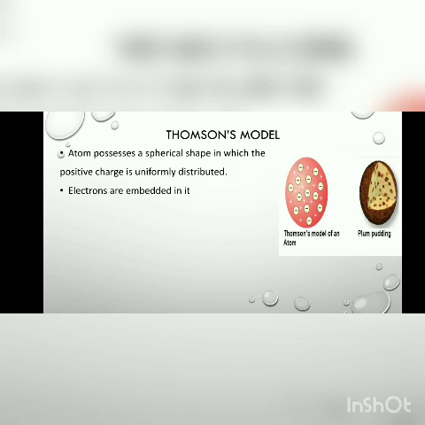You can see the similarity between Thomson's model and the plum pudding. See how the plums are embedded in a pudding. Just like the plums, the negative charges are embedded inside the positive sphere. This model is also known as the watermelon model or raisin pudding model, because in a watermelon the seeds are embedded inside that solid sphere.